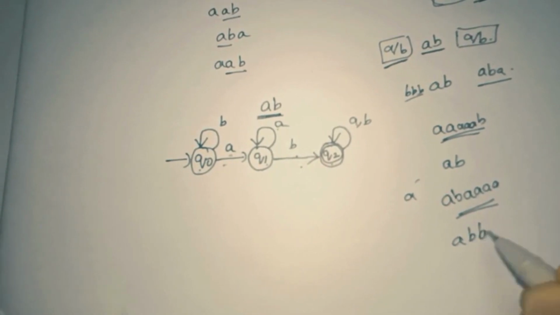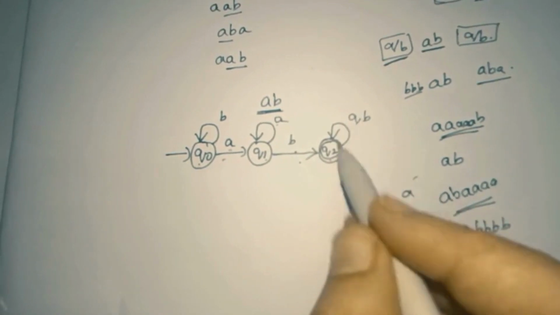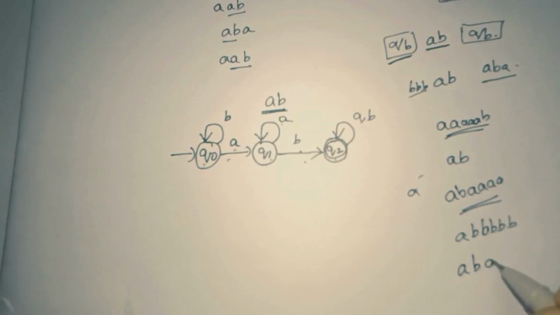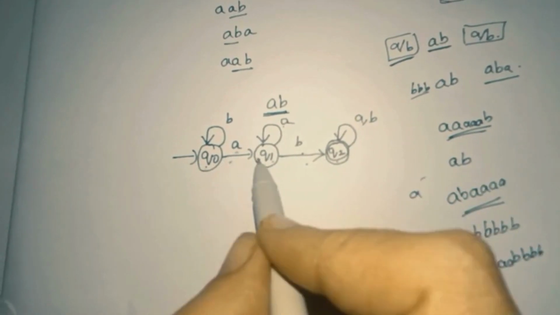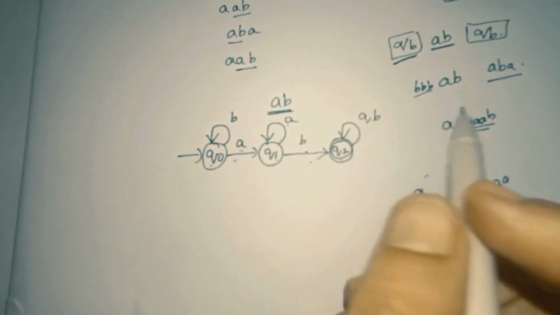AB followed by any number of B's is accepted. Similarly, AB followed by any number of A's or any number of B's is also accepted. AB followed by any number of A's or B's is accepted.